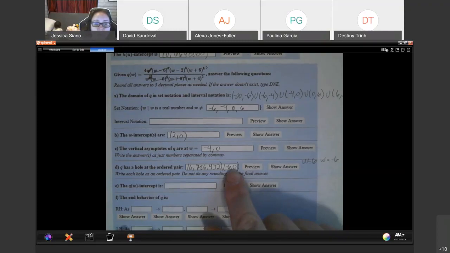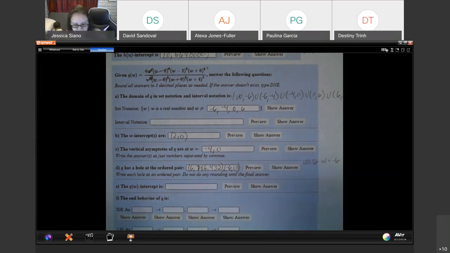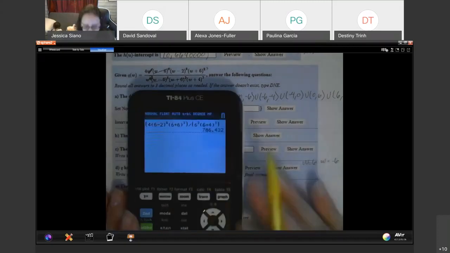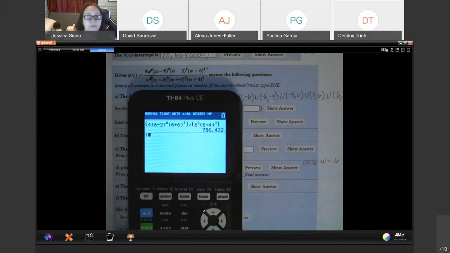Your Q of W intercept is going to be where W is 0. So I have 4 times 0 minus 2 to the 6th.